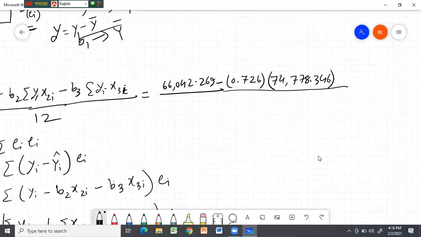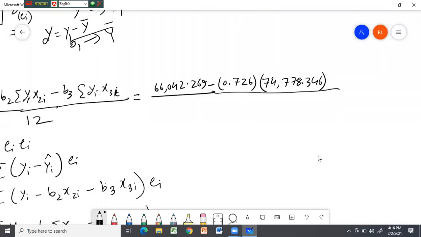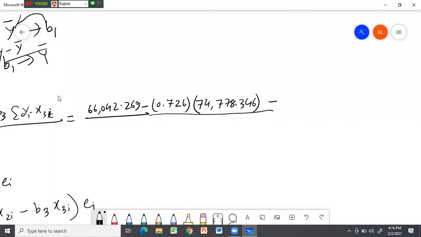And then minus your B3 value. What was the B3 value? 2.736.